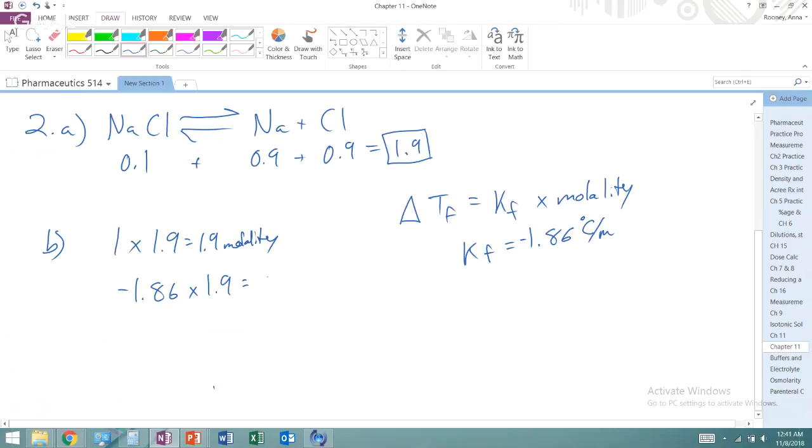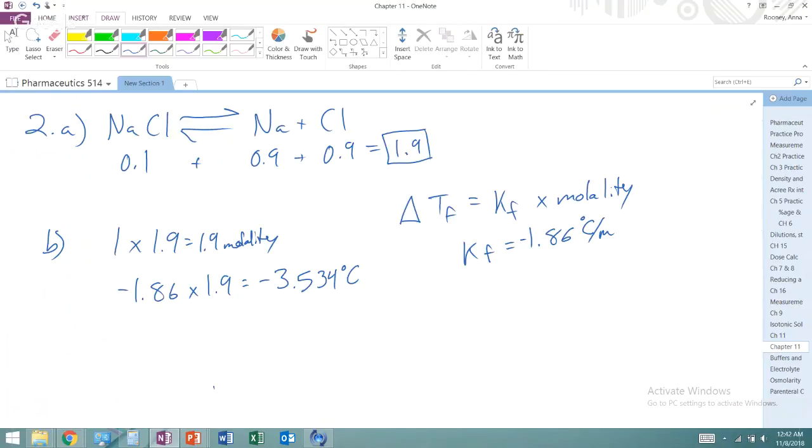And so that will be negative 3.534 degrees Celsius that will be depressed by 1 molal of sodium chloride that dissociates at 90%. And this will hold pretty much true for anything that dissociates at 90%. So if you run into this again, then you don't need to do too much.